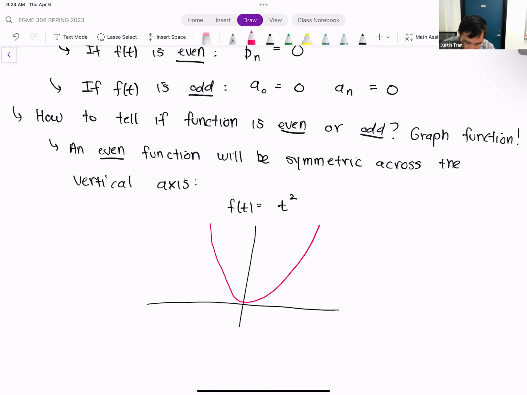If we were to draw a line of symmetry, you can almost think of it like a mirror. If you drew a line of symmetry across the vertical axis, and you look at the function on both sides of this mirror, they should look the same, or it should look like a reflection across that mirror.